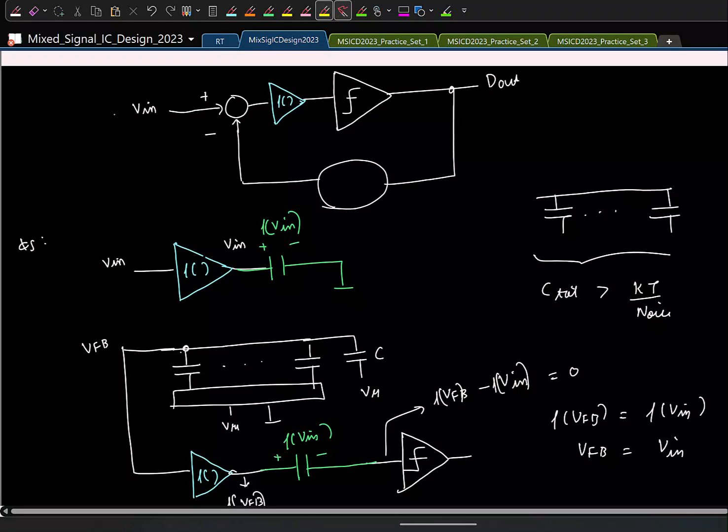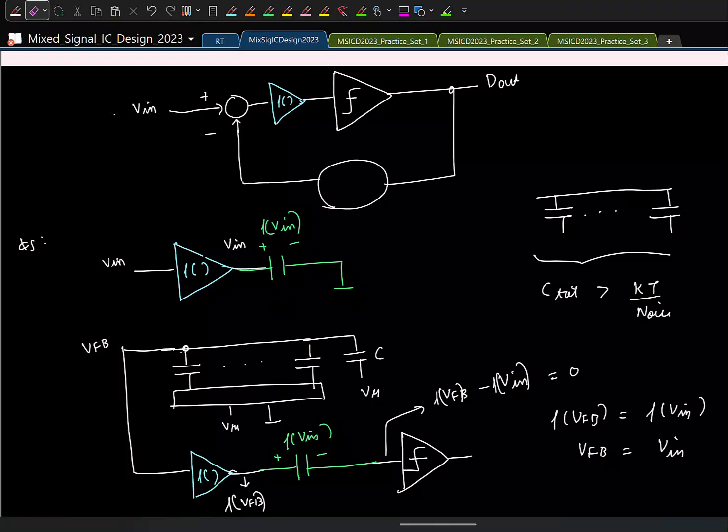But now you see that the sampling capacitor is different. So now the sampling capacitor here, CS, can be sized only based on kT/C noise. Now we have to ensure matching only for these, and for these you use a large capacitor.